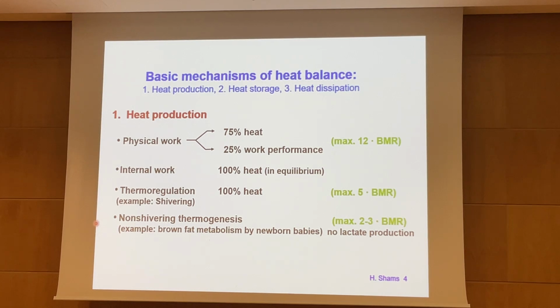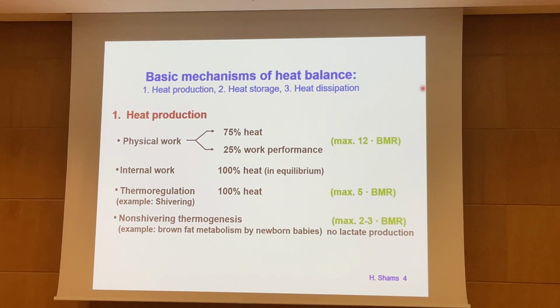The other thing that you should pay attention to, you see here, the normal heat that we produce is the basal metabolic rate. Do you know basal metabolic rate? It is about 1,700 kilocalorie per day or something like that.